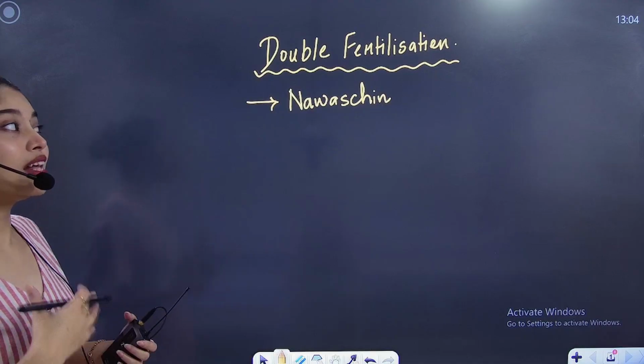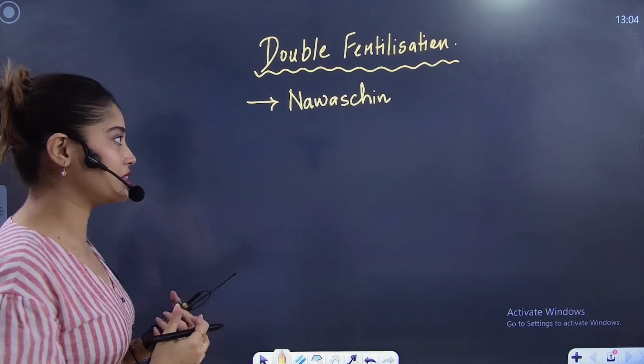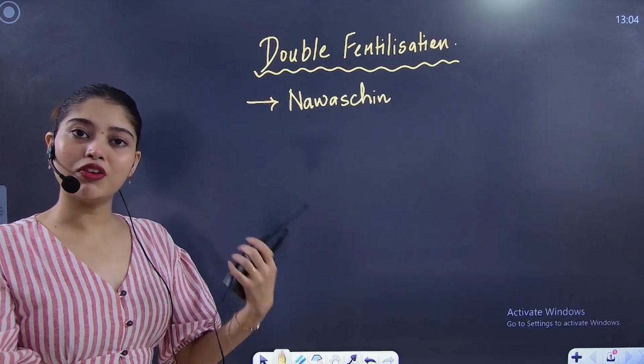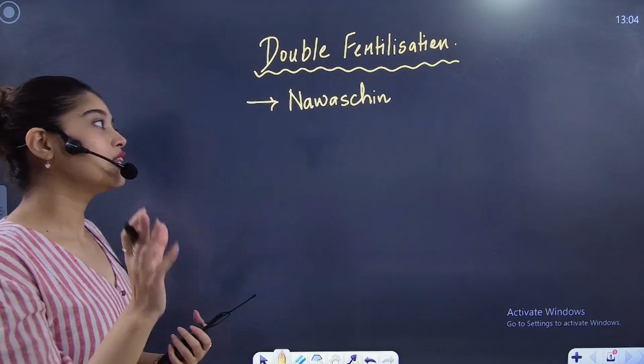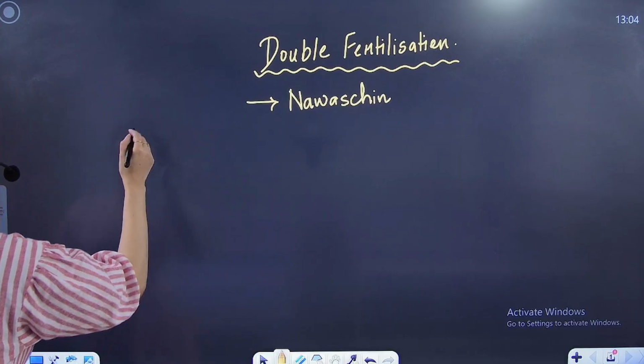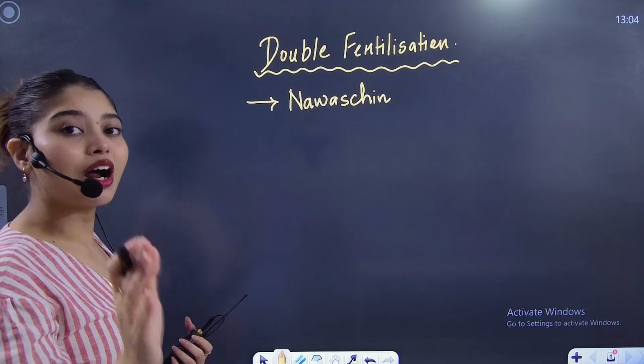Now let's discuss the entire mechanism of how double fertilization takes place. The entire fertilization process takes place inside the female part. The female part in a flower is known as the gynoecium. The unit of gynoecium is the carpel or pistil.